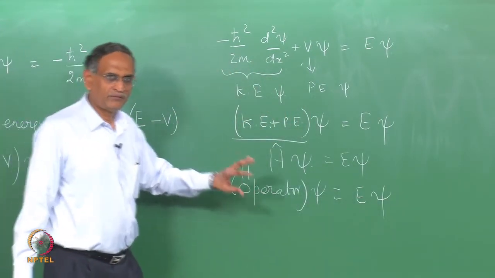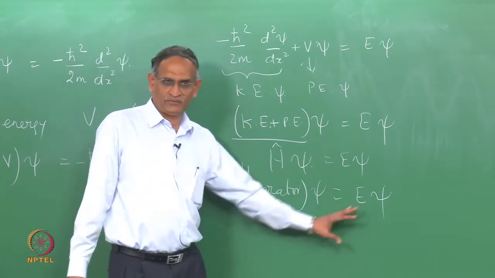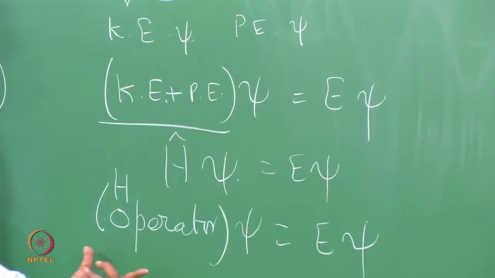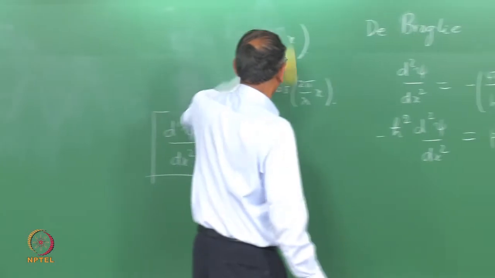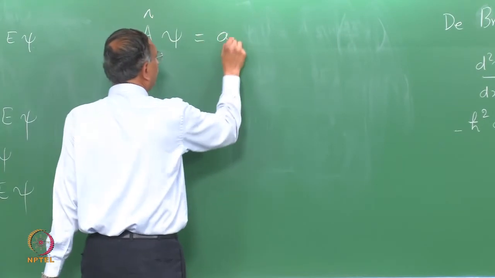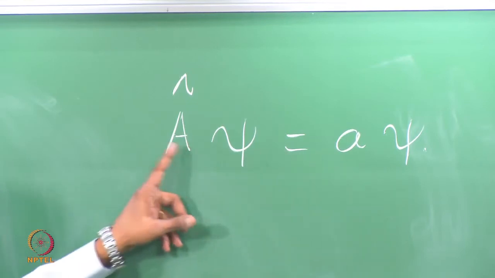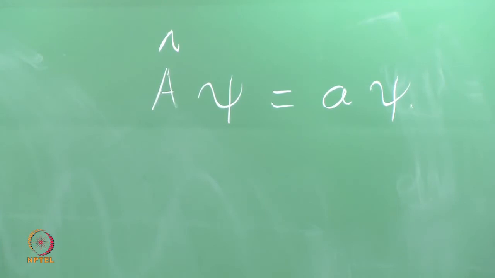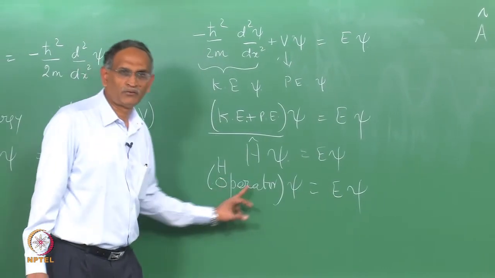The Schrodinger equation is a very specific equation for the Hamiltonian operator, and such equations in mathematics are known as eigenvalue equations for whatever quantities appear here. Suppose instead of H, it's any other operator A acting on psi, giving some constant times psi. Please remember, this constant has to have the same dimension as the operator A here, in the same way that this constant has the energy dimension for the Hamiltonian operator, which is also energy.